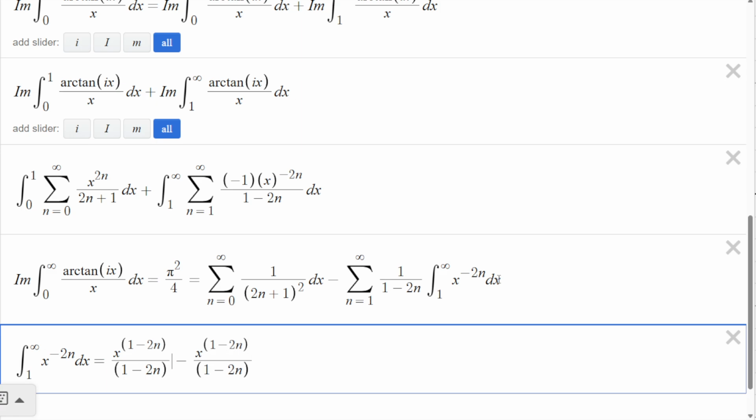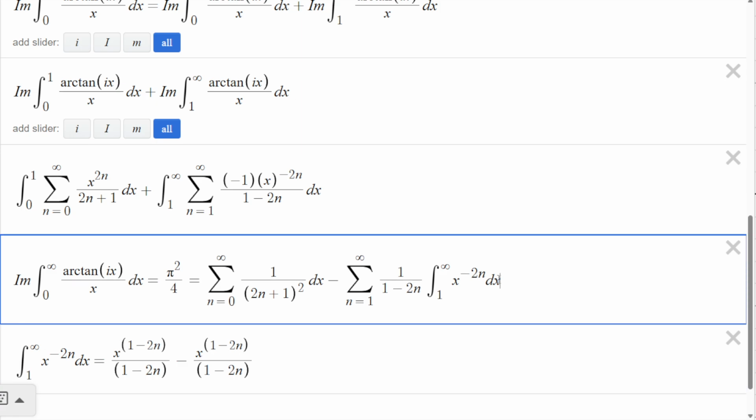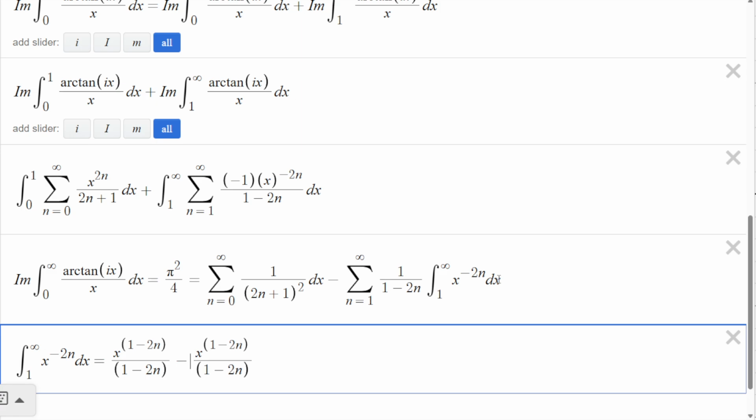All right, our infinity term comes first. Well, don't forget, our index on n starts at 1 here. So we are always going to have a negative value here. So if we take infinity to a negative exponent, we get 0. So this whole term is going to drop out.